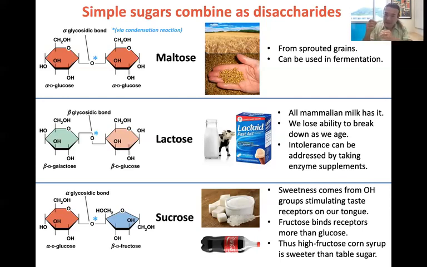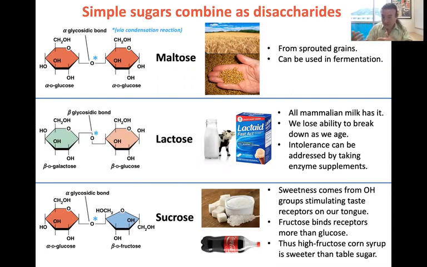So that means for the same amount of each compound, glucose versus fructose, fructose is actually perceived by our brain as being much sweeter. And that's why a lot of soda companies use high fructose corn syrup as a sweetener.